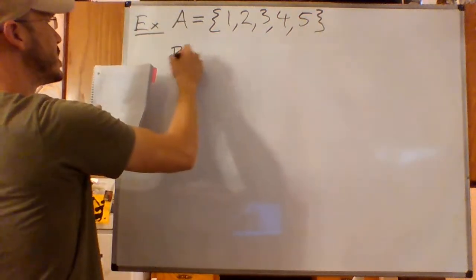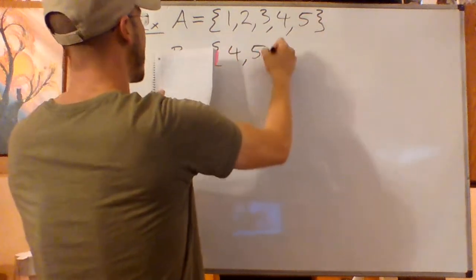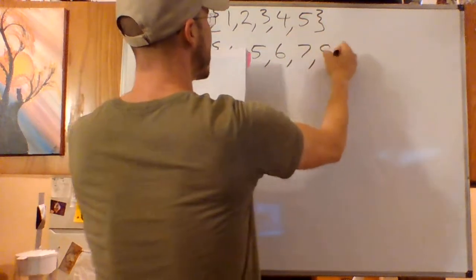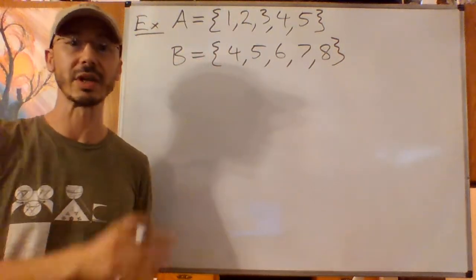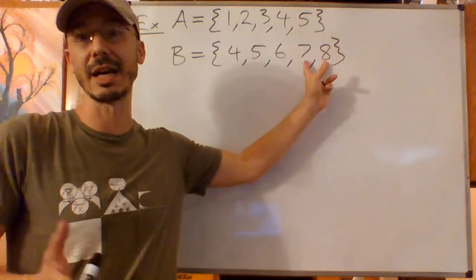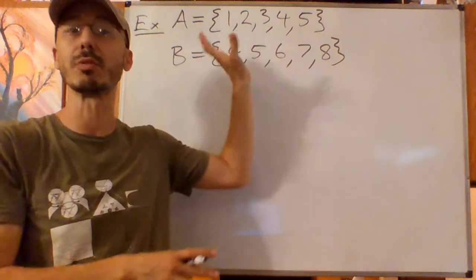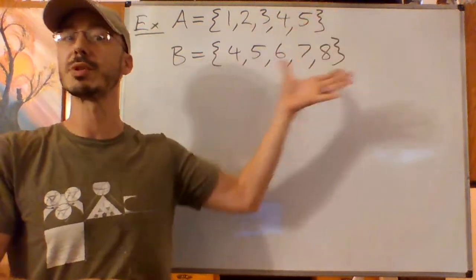And event B, the outcomes 4, 5, 6, 7, and 8. And you can tell right away that this is not rolling a die because there's no 7 or 8 on the die. This is something else, and it doesn't matter where it came from. It's just that it's a situation where all the outcomes are equally likely.